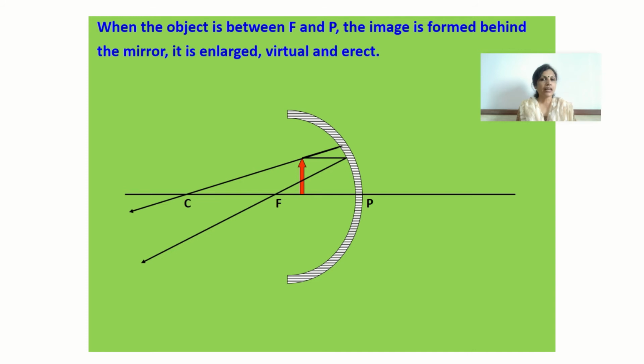So if we extend these two rays in the opposite direction of the reflecting surface, they appear to meet at one point. They are not actually meeting, they appear to meet at one point. And this is the place where we are getting the image. The image is enlarged, it is virtual and it is erect. So this is the only position of the object wherein we are getting a virtual image. Rest all images are real and inverted. So this particular position of the object you have to keep in mind.